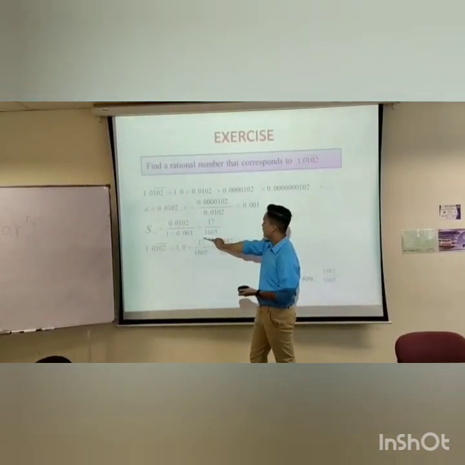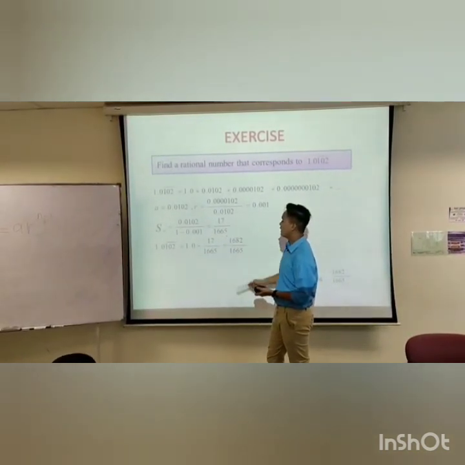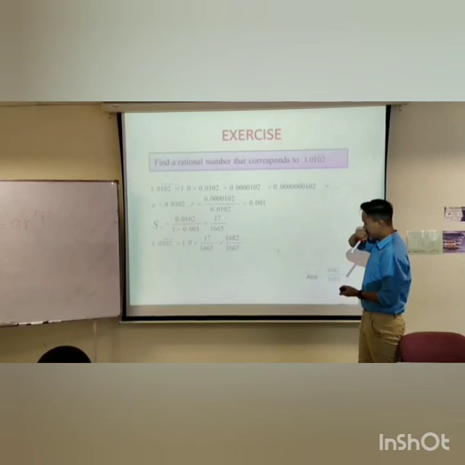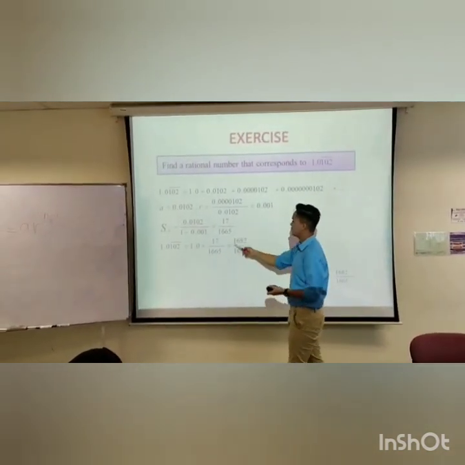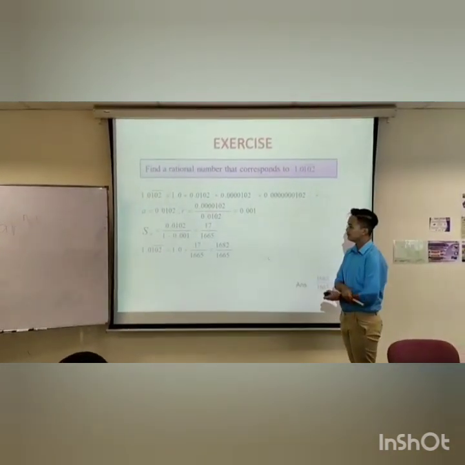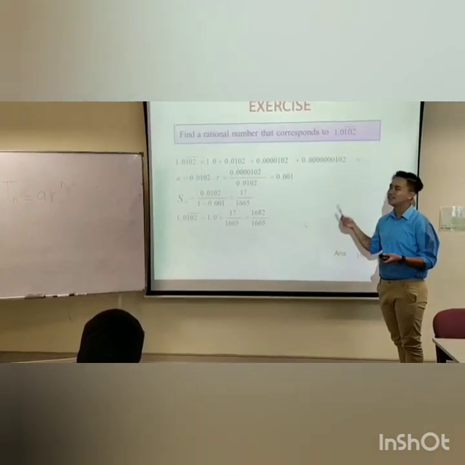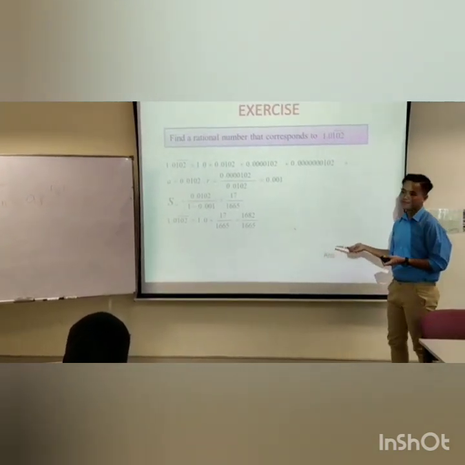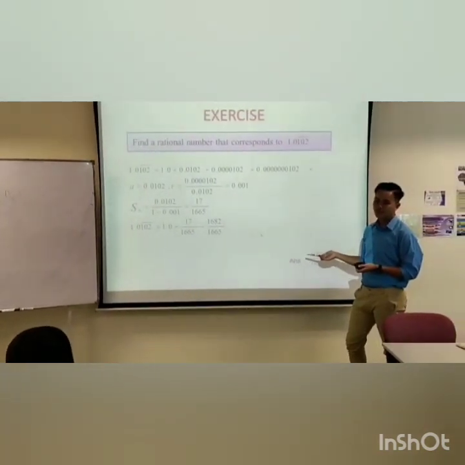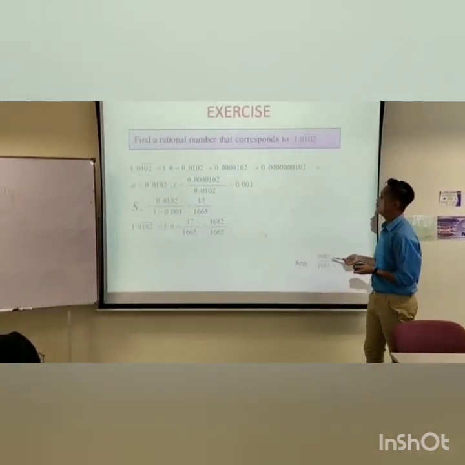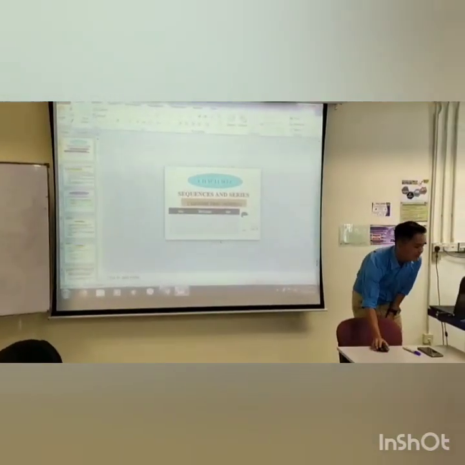While S infinity is 17 over 1665, and then, I'm sorry, you add 1 with this to get this. Any question regarding this example? No question? Okay, moving on to the next slide.